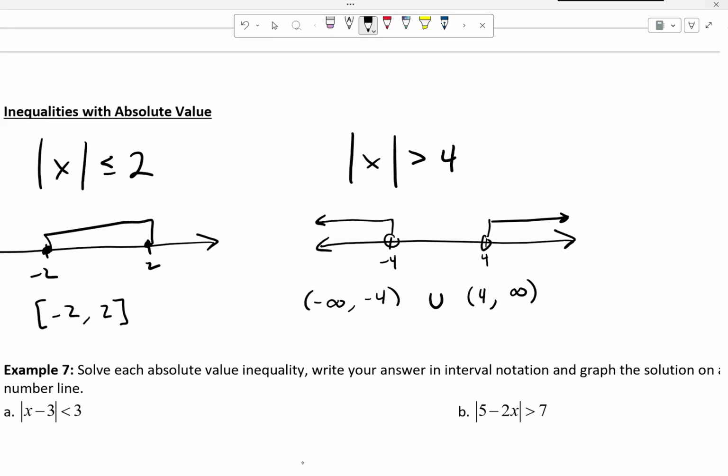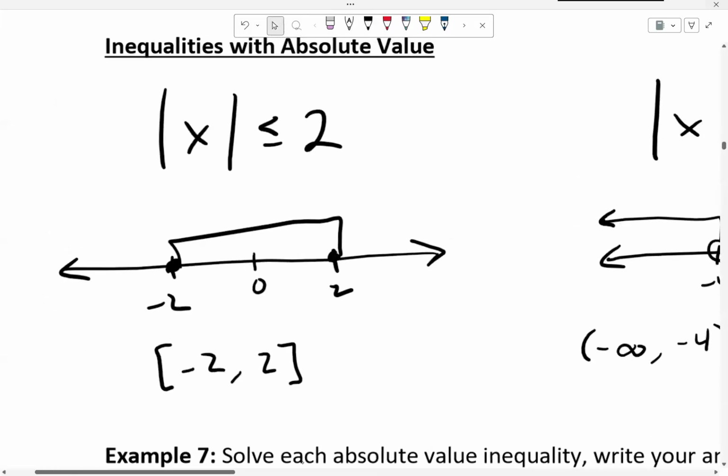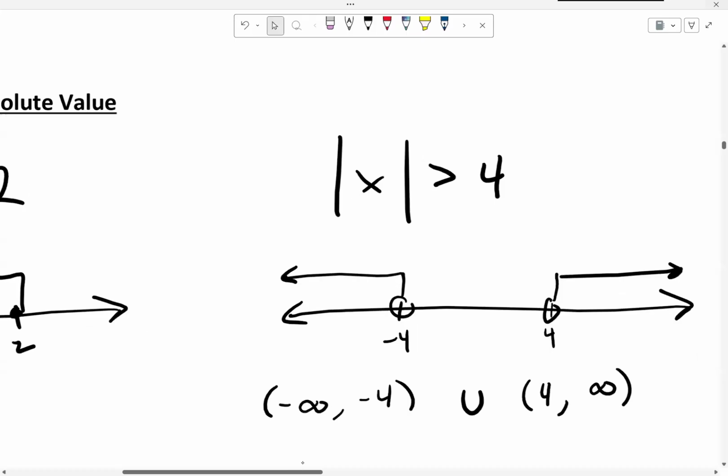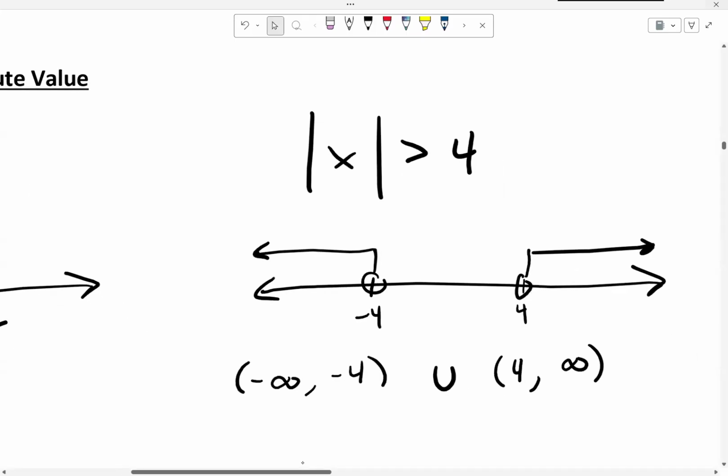If this one is the distance from 0 is less than or equal to 2, does it make sense that those are the solutions? Aren't all these points less than or equal to 2 away from 0? As opposed to this one, where the points are greater than 4 away. Does that make perfect sense?